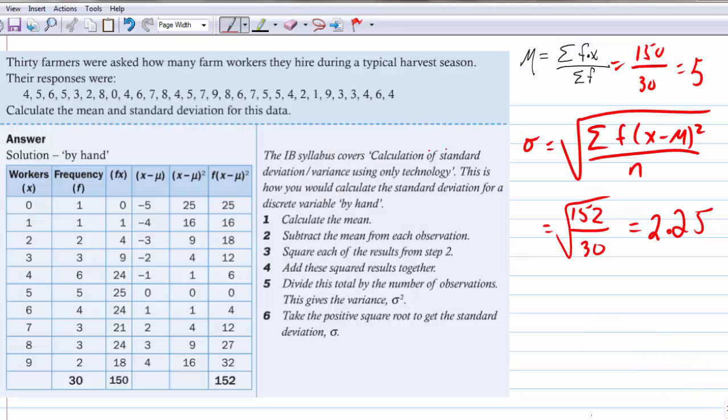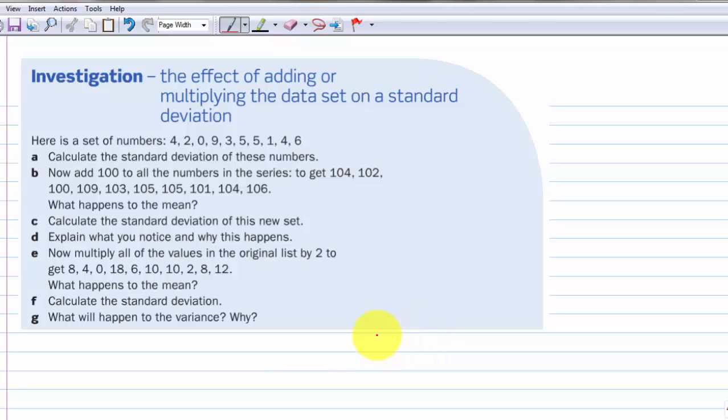So the last thing to look at, this is something that I want you to do and investigate. What happens if we add or multiply the data set by something? When we add 10 to all the data values or add 100 to all the data values, the same thing will always happen to the mean, and the same sort of thing will always happen to the standard deviation.